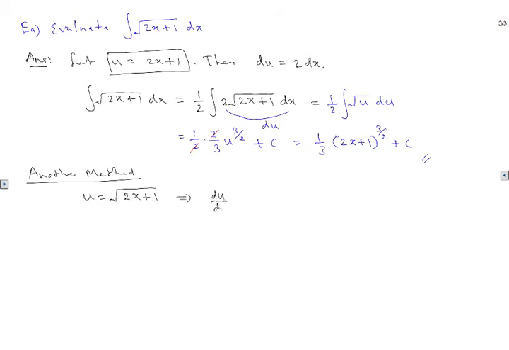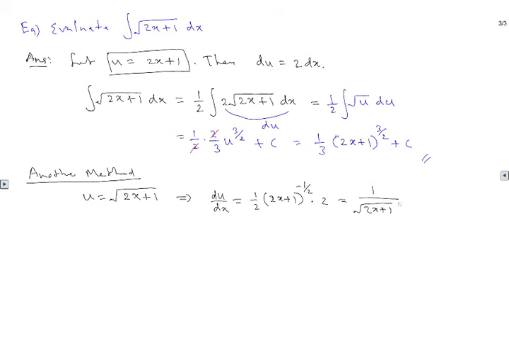So du by dx is 1/2 times (2x plus 1) to the negative 1/2 times 2. By the chain rule you get 2, so the 2 and 2 get cancelled, and you get 1 over the square root of 2x plus 1.